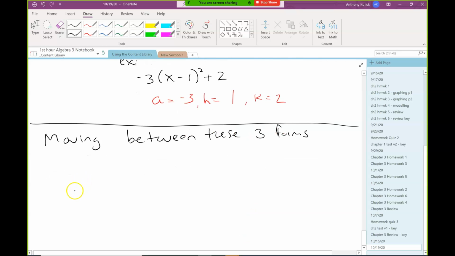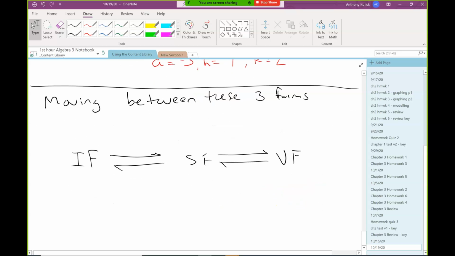So the way this is going to work: we have intercept form, standard form, and vertex form as the three forms. I've just abbreviated those with their initials. Intercept form, or factored form, is IF.